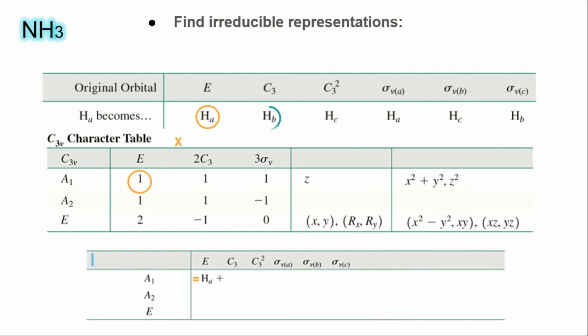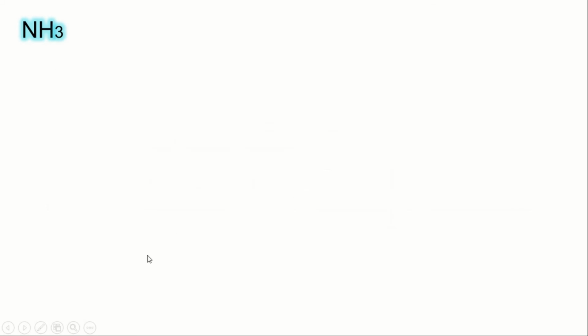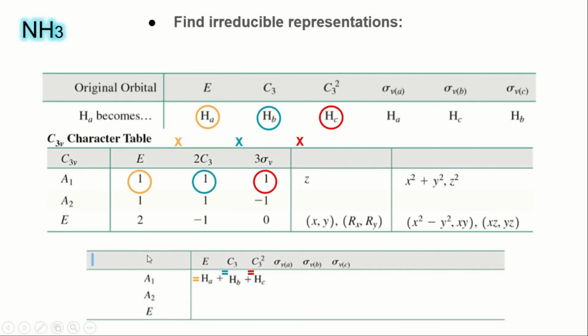We can also multiply HB times 1 from the character table and get HB. It is the same if we multiply HC by 1 from the character table, which gives us HC. You will do that with all the characters in the table. If you want, you can pause the video and attempt to get all the linear combinations. If not, this is what we are supposed to get.